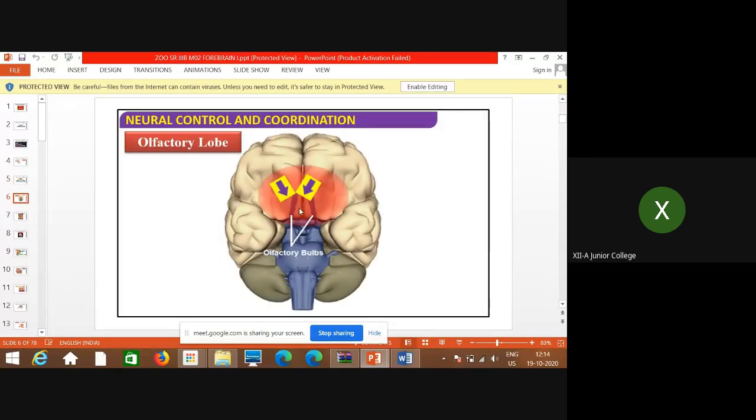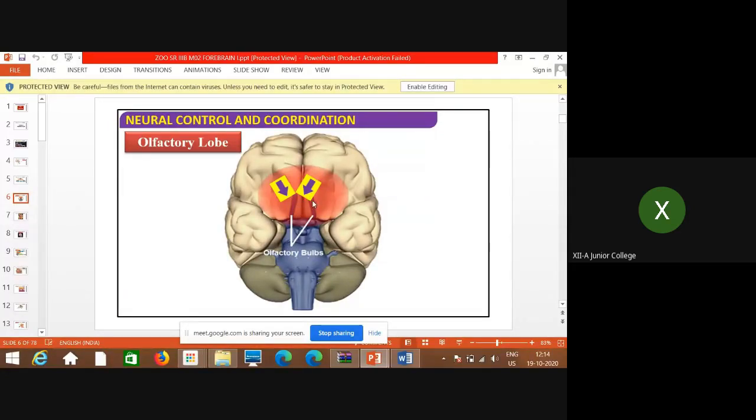See, in this diagram, these two elongated structures, which you can see as cylindrical or track-like structures, are called olfactory lobes. These olfactory lobes are also known as olfactory bulbs and olfactory tracts.